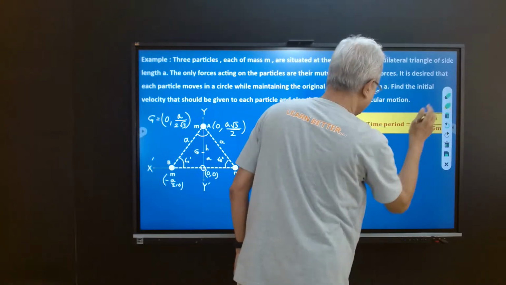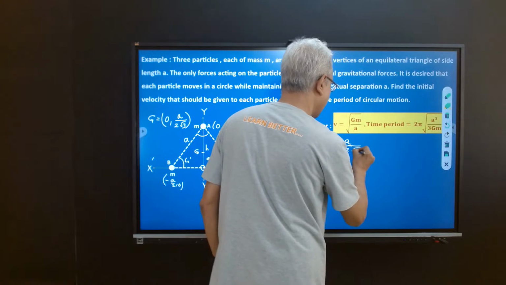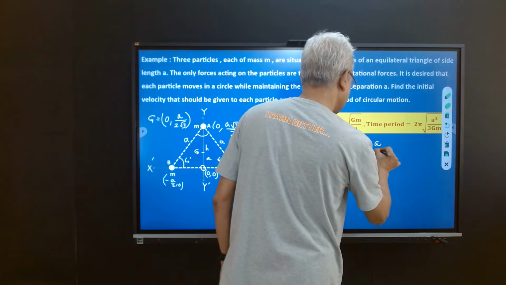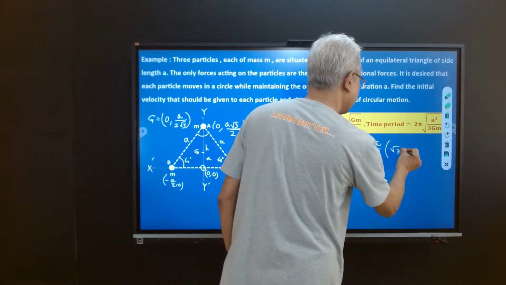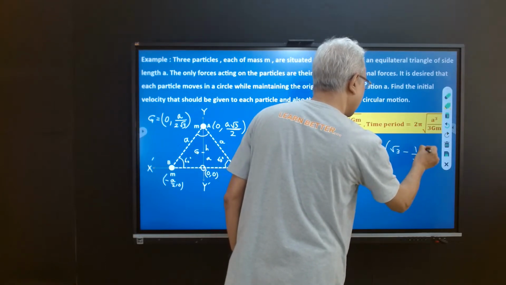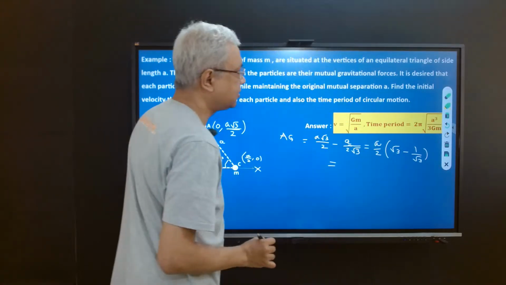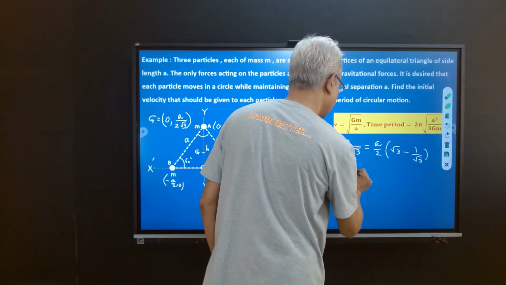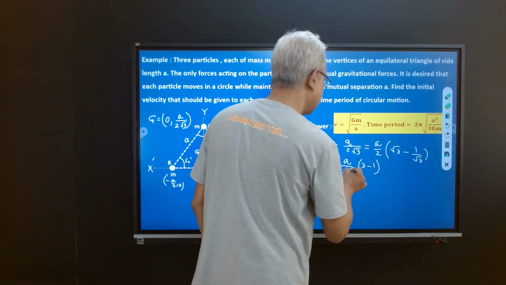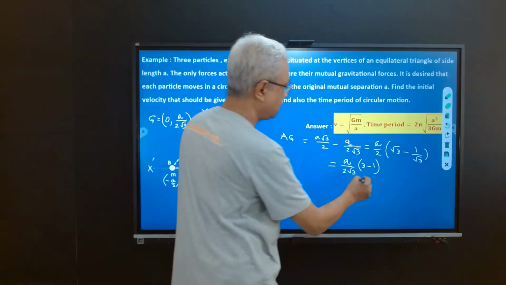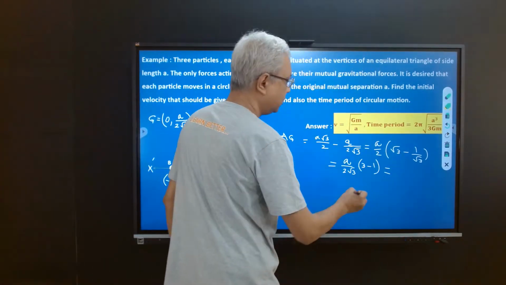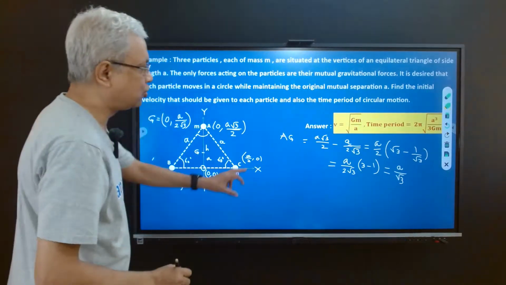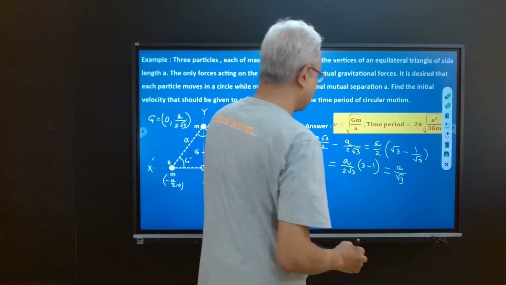So I can write it as a by 2 root 3 into 3 minus 1. So it is 2, they cancel each other, and I am left with a by 2. So AG's value is a by 2.